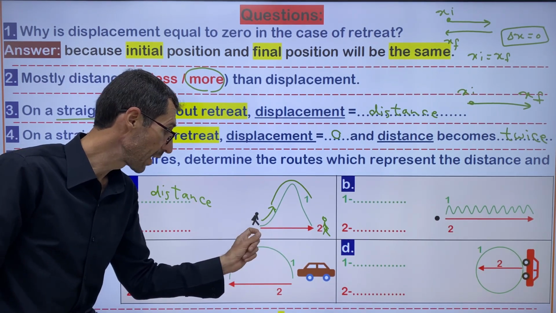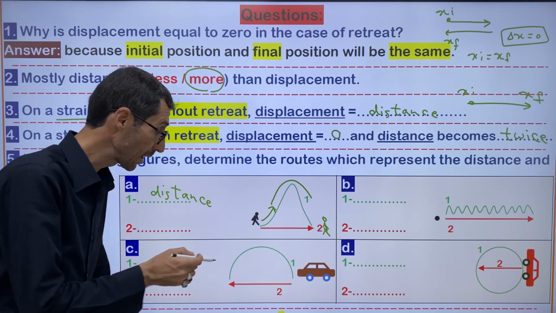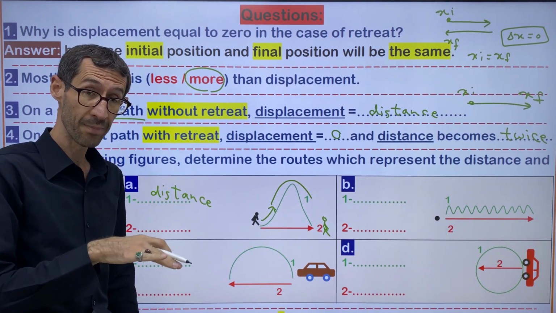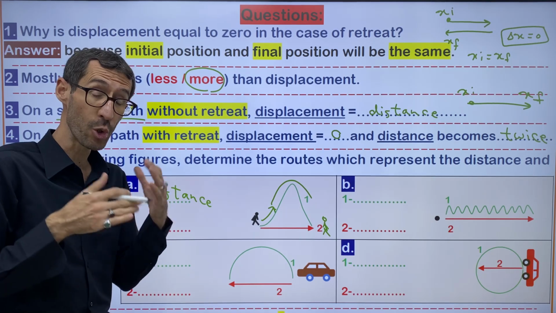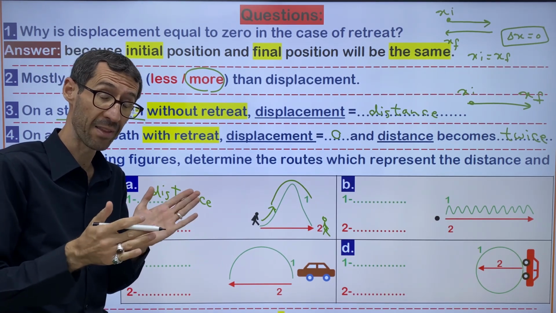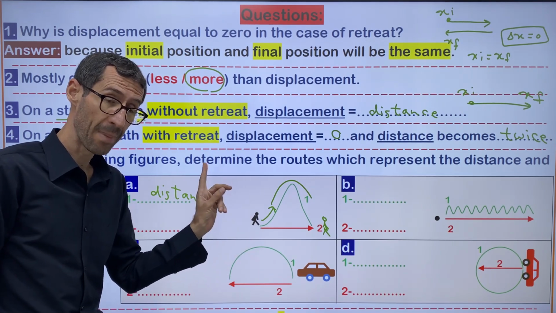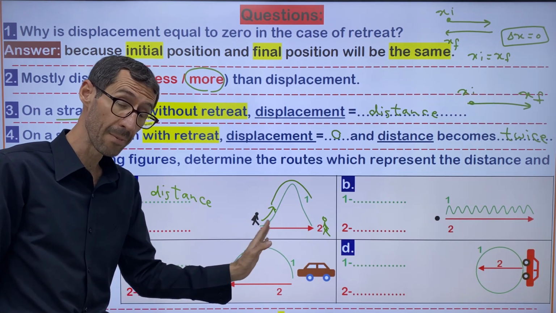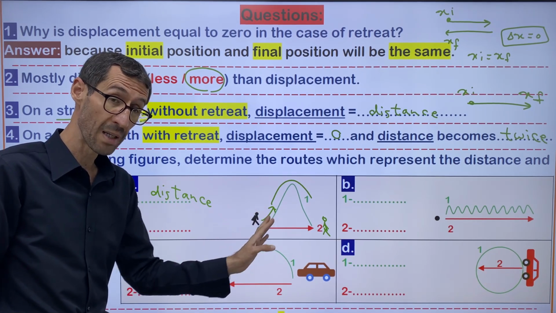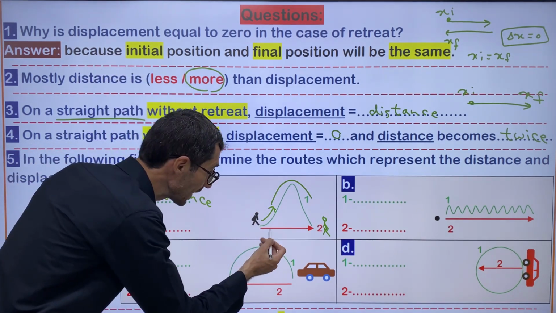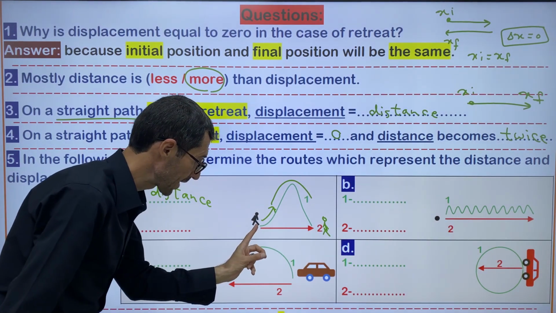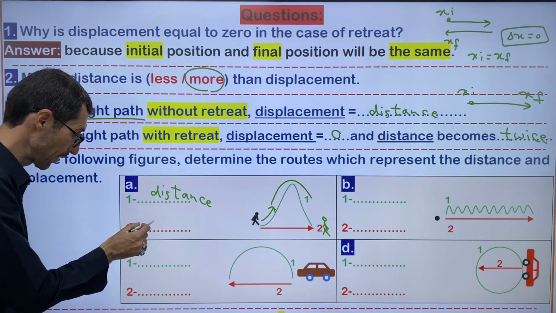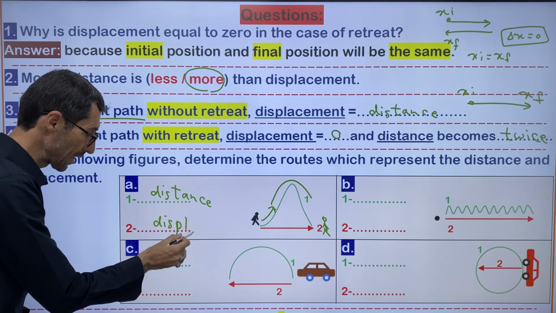In this case, you have to draw a straight line in order to find the displacement, because displacement is always a straight line. It's a shortcut, the smallest path followed by a moving object. That's why this straight line from the starting point to the ending point is called displacement.